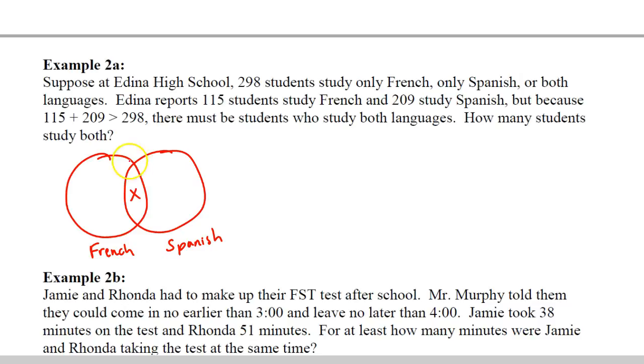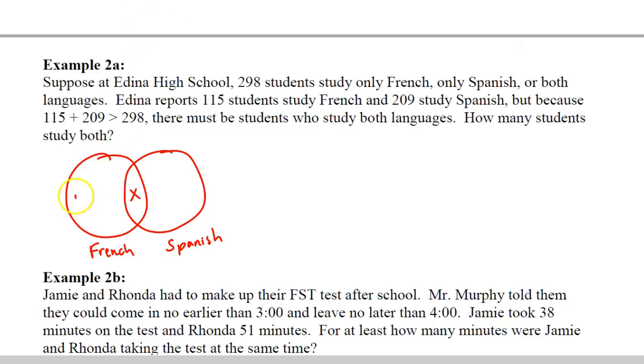Now, this circle, just this circle on the left, everything here, including that overlapping piece, represents 115 students. Well, if I wanted to figure out how many students were just over here, I would take that 115 and subtract the X that are in both classes.